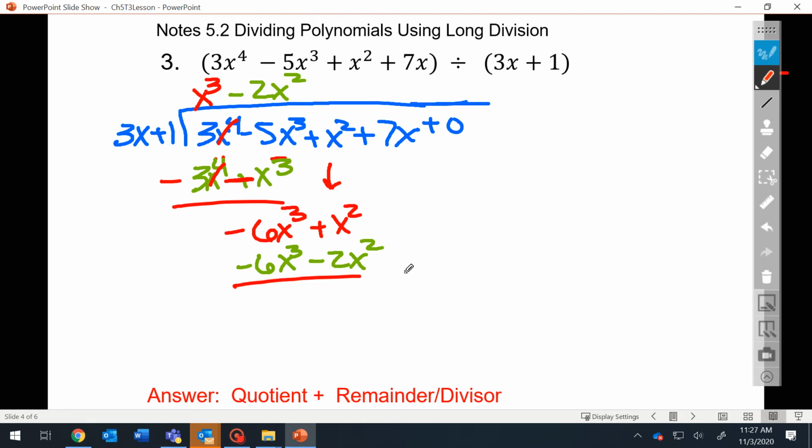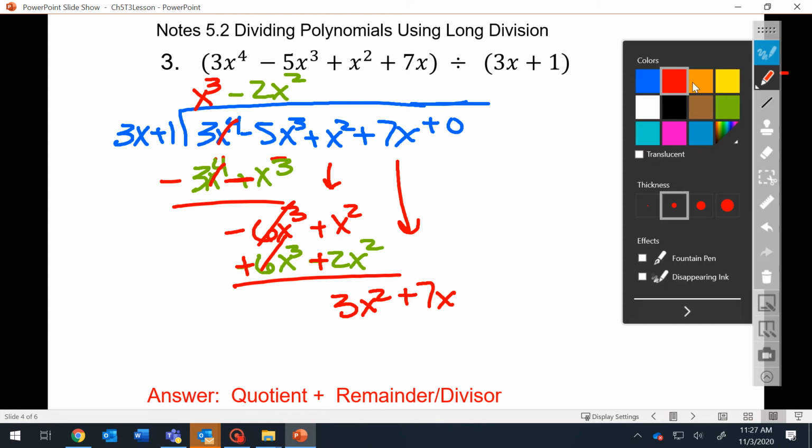And I'm subtracting it, so this changes, and this changes. These should always be the opposite signs, they cancel. And we got 3x squared, and then the 7x comes down.